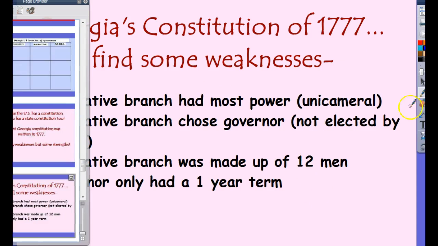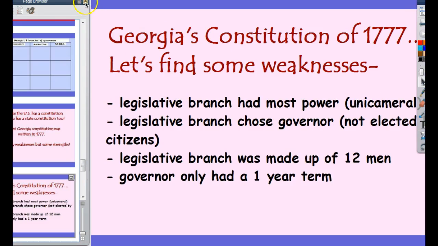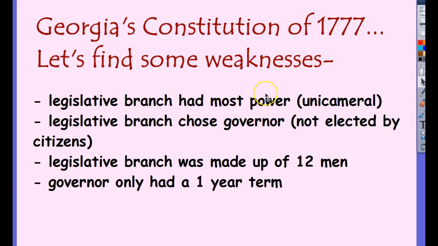Here are its weaknesses. Okay, basically you end up with the legislative branch having all the power. It was unicameral. They had no court system. They did elect a governor, though, but this governor didn't have very much power. He was chosen by the legislative branch, which was made up of 12 men.